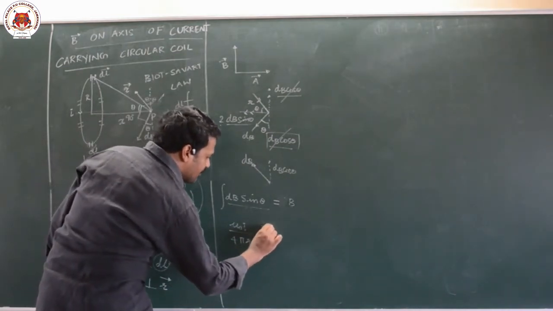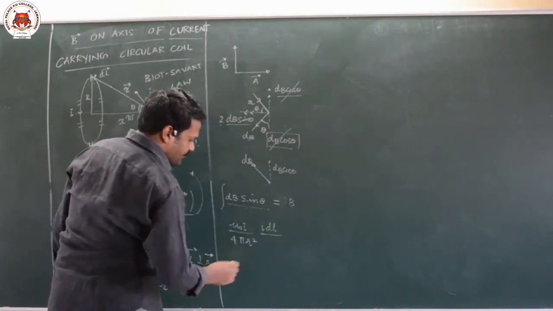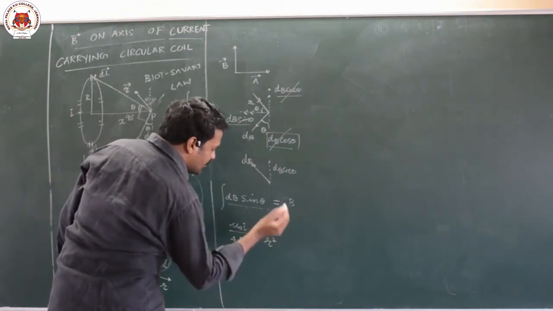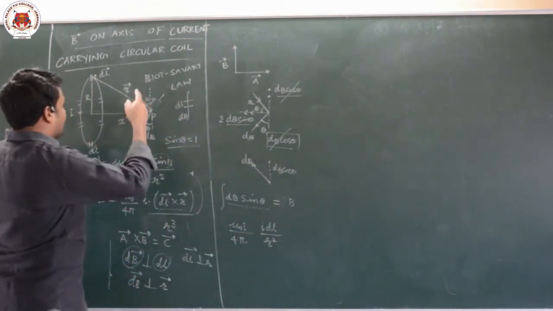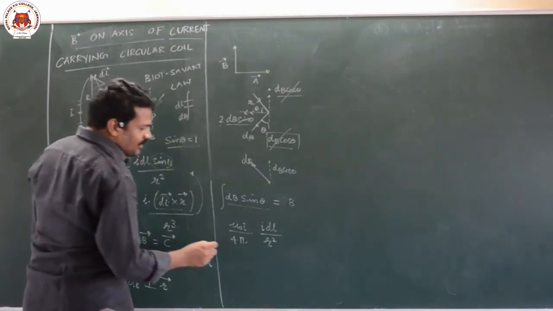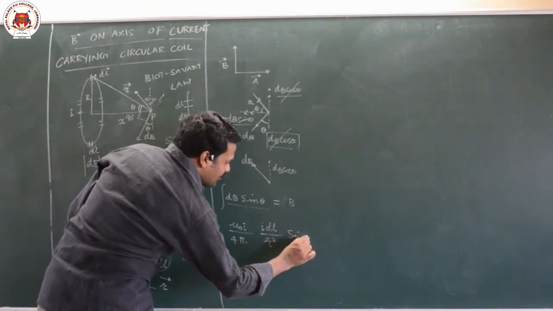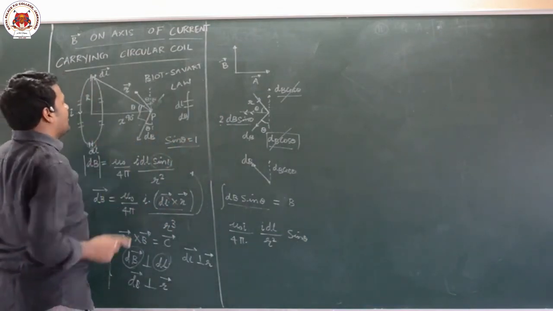You can write it like this. Now find r from mathematics using the Pythagoras theorem, and here you have to write sin θ. Before integrating, write the value of sin θ also.